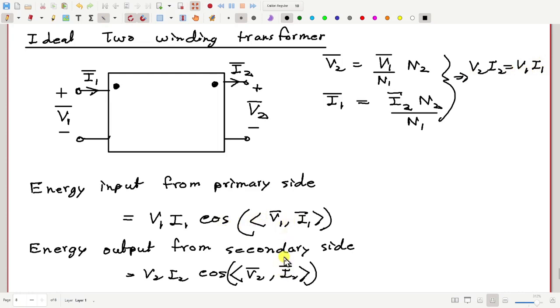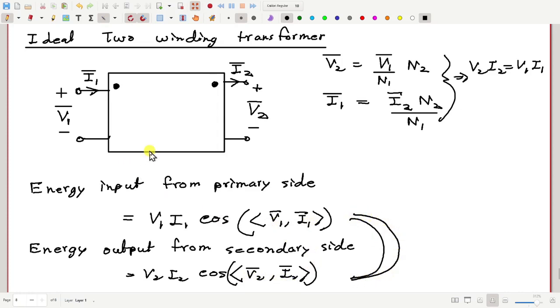They are also equal, because V2 and V1 are in the same phase, since N2 by N1 is just a constant real number. Similarly I1 and I2 are also in the same phase. Therefore the angle between V1 and I1 is the same as the angle between V2 and I2, so these two are exactly equal.